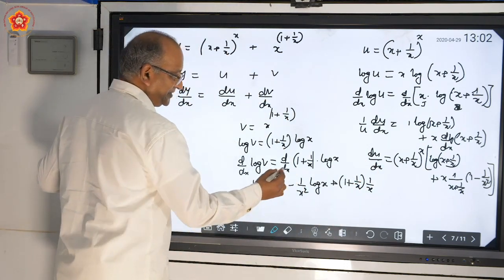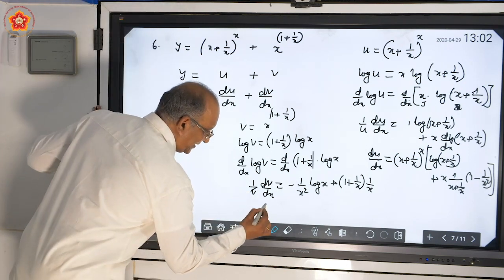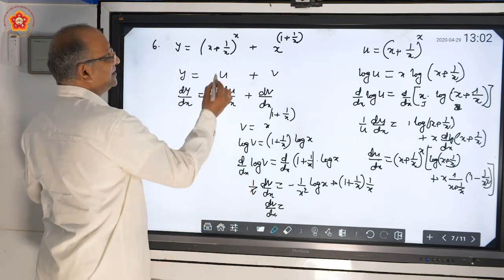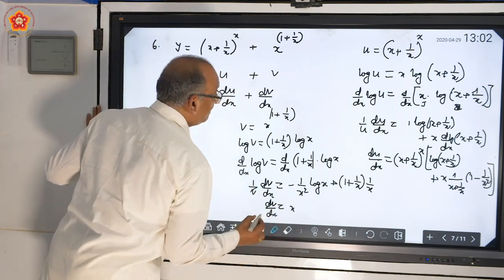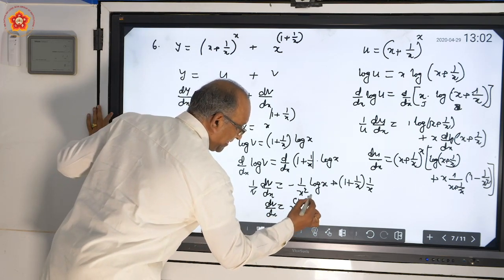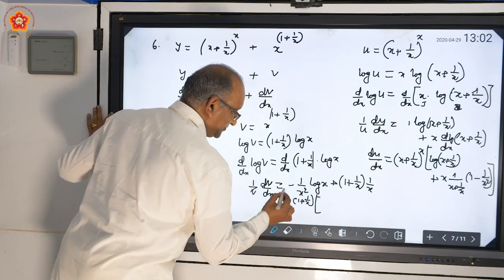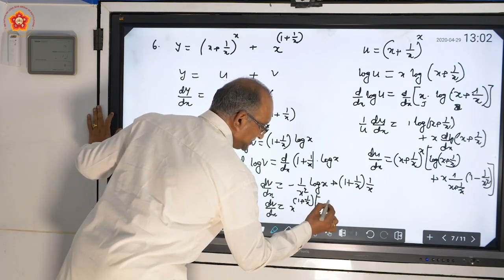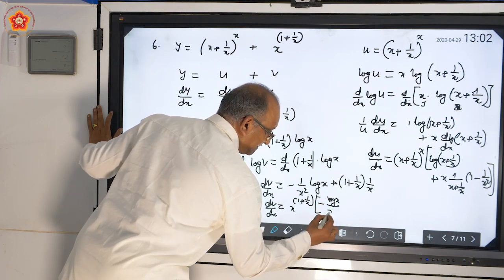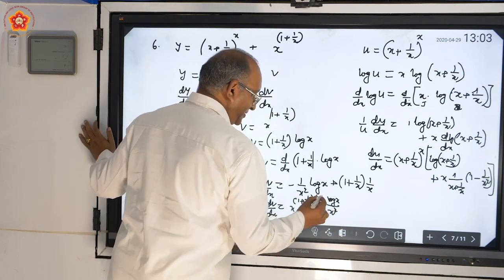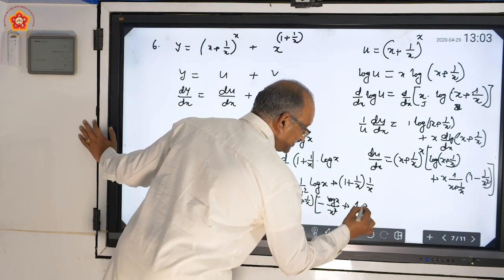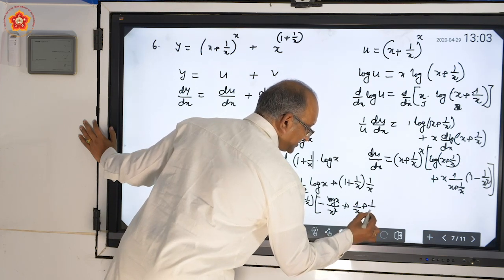We will take this v to that side and we will get dv by dx. What is this v? It is x to the power 1 plus 1 by x. Inside the bracket we have minus log x by x square, and this can be brought inside as 1 by x plus 1 by x square.